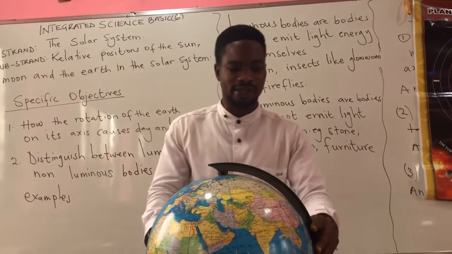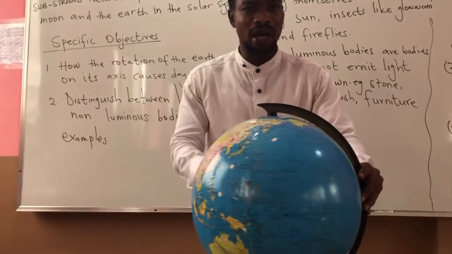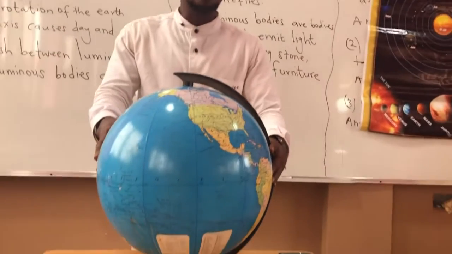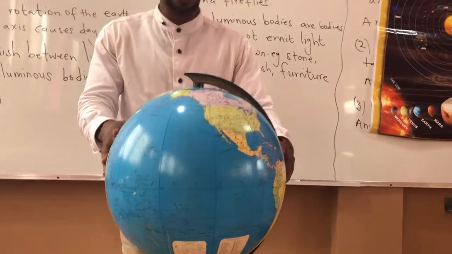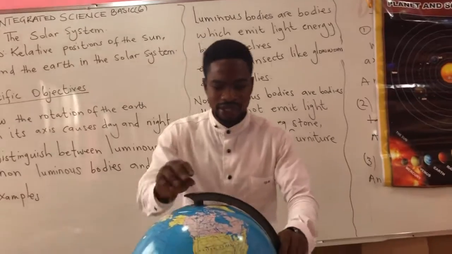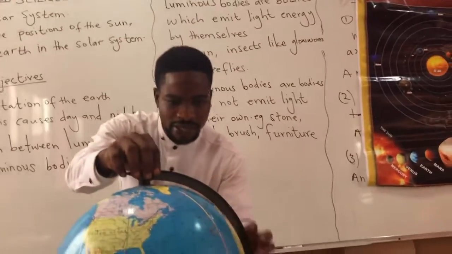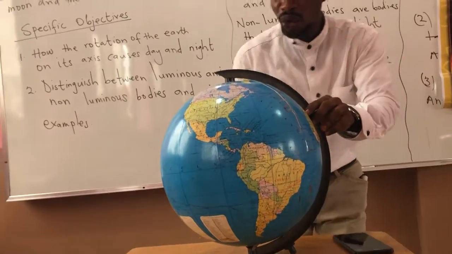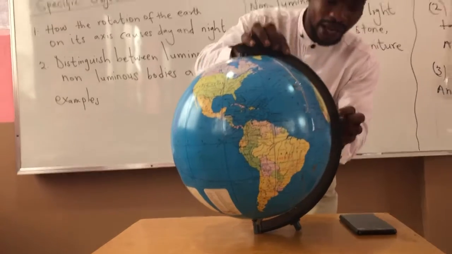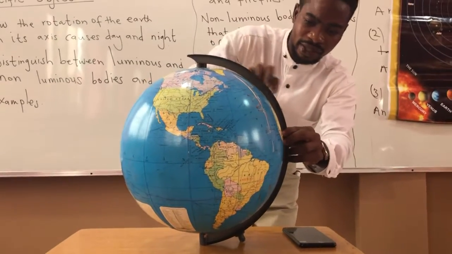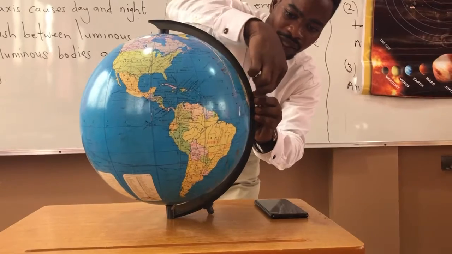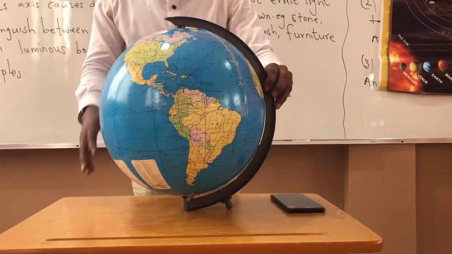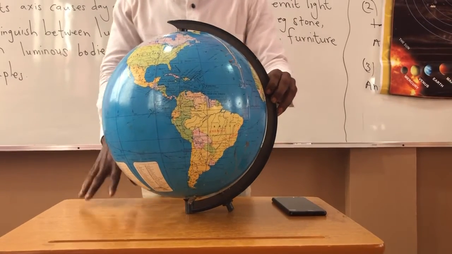Now we want to look at how the earth looks during the formation of day and night. So this is a globe. This is what we call the axis. The axis is an imaginary pole that runs through the earth.